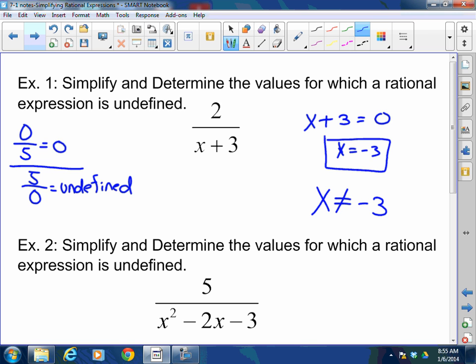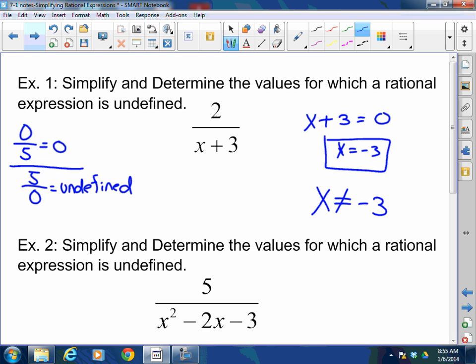And I cannot have that. So I can use any x value in the universe, no exaggeration, except for -3. Can I use -2.999999999? Yes. But I cannot use -3. Can I use -3.00000000001? Yes. But I cannot use -3. Does that make sense, guys?